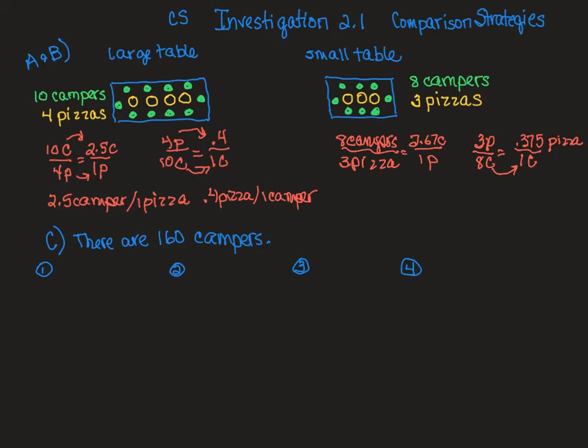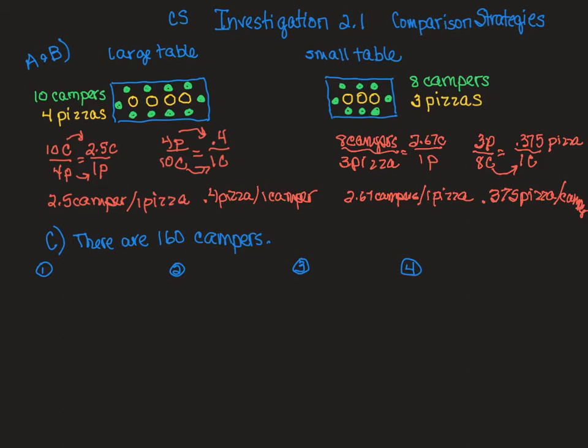At the small table, you are having 2.67 campers sharing 1 pizza. Okay, and if I do it the other way, I can say that I'm going to get 0.375 pizzas for each camper.